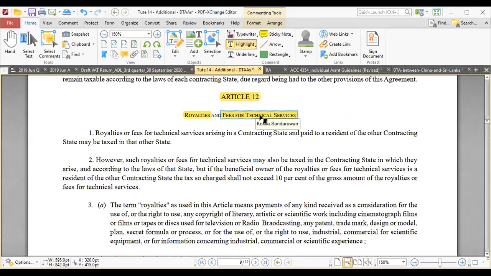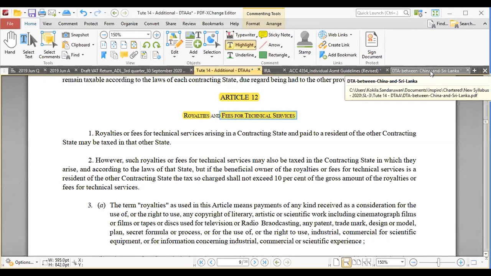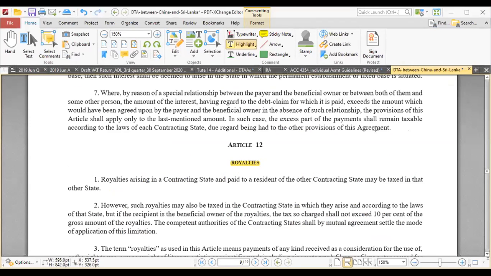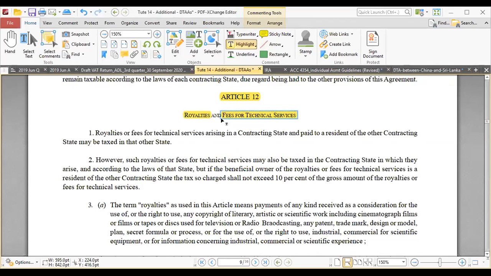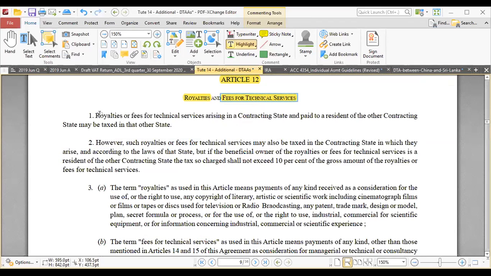Only India and Vietnam. If you are going to compare with China, you can mention that difference as well. The China DTA doesn't have a technical service fee article, but India has included it within royalty. Royalties and fees for technical services are explained together, and the rate is 10%.